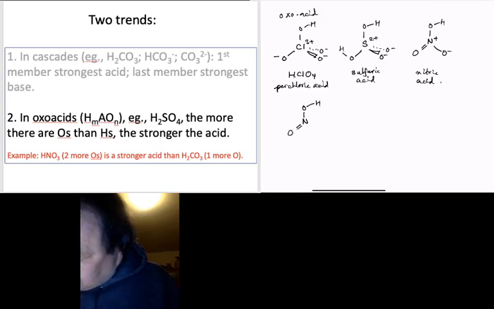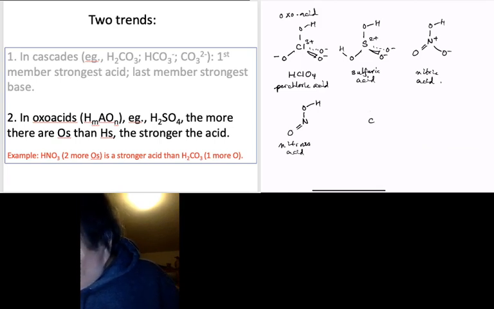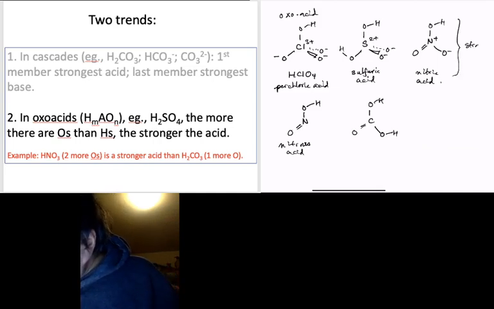This is nitrous acid. It's not nearly as strong. Carbonic acid is really not strong. And so these are strong, and these are weaker acids.